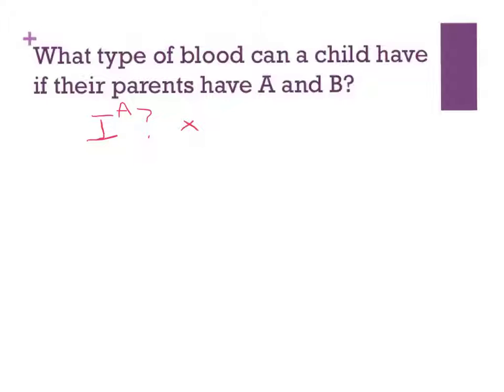And the other parent is B, so we know they've got at least the one B allele, and then they have either another B or an i for the type O. One thing we do know for certain, though, is that this question mark is only an IA or an i. It can't be a B allele, or else this parent would have type AB blood. So we do have it narrowed down a little bit. Likewise, over here, the question mark can equal a B or an i, but it can't equal an A, or else they'd have type AB blood as well. So that narrows it down a little bit, but still doesn't help a lot here.